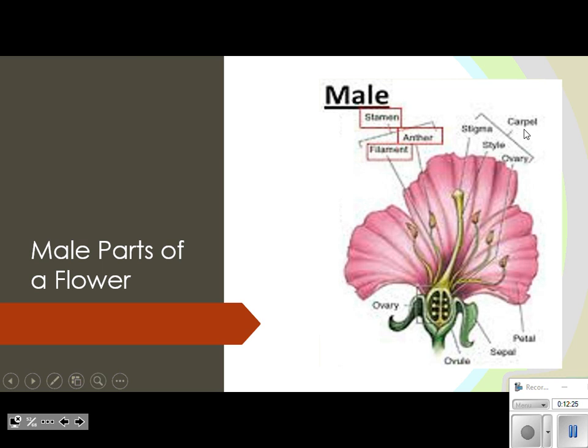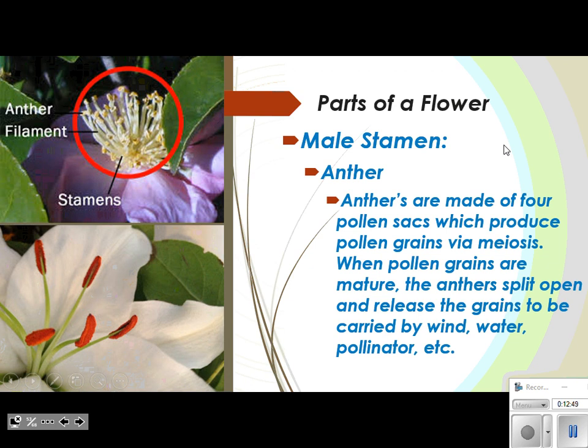So if you hear the term carpel, okay, if you hear the term carpel, it's referring to the same thing that we're talking about as being the pistil. But as far as your test goes, you're going to use the pistil, not the carpel. Okay? Now, the male parts of the flower, okay? The male parts of the flower we call the stamen.